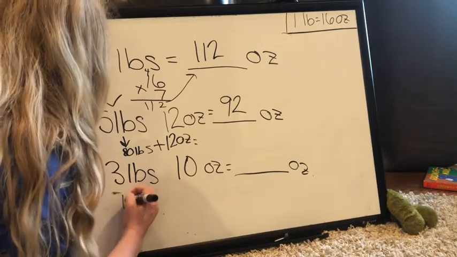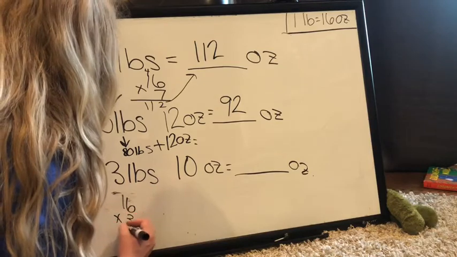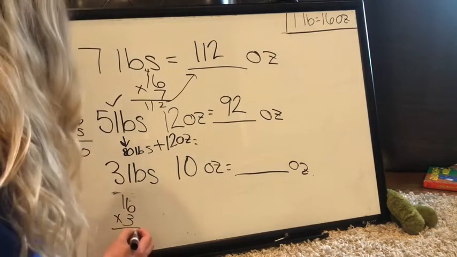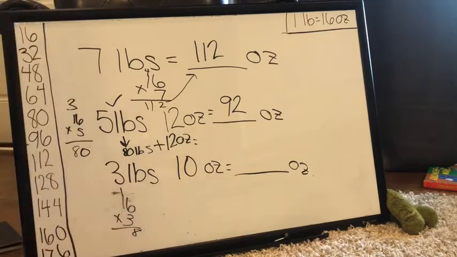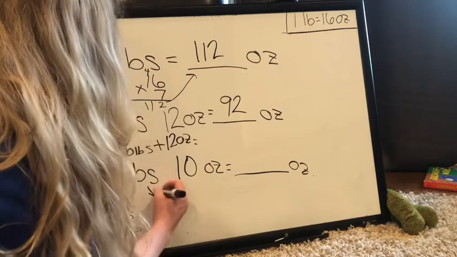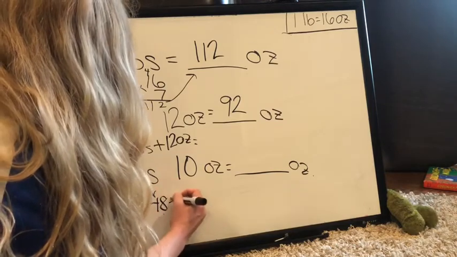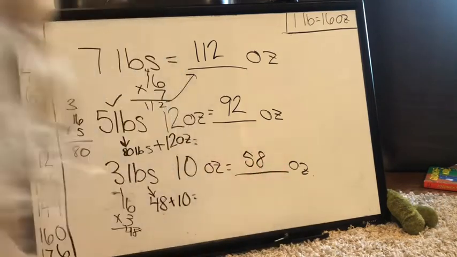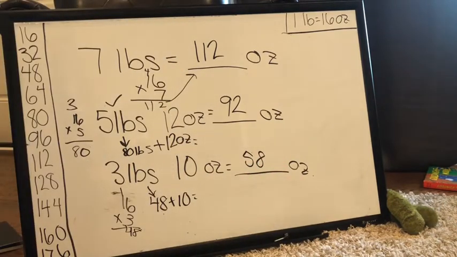Let's line it up how we would actually solve it. 16 times 3 is, 3 times 6 is 18. 3 times 1 is 3 plus 1 is 4. So we know that 3 pounds is 48 ounces. We add our 10 ounces here and we have 58 ounces there.